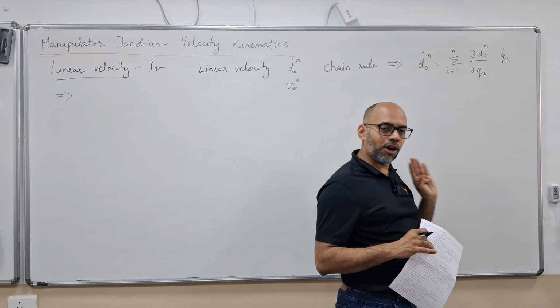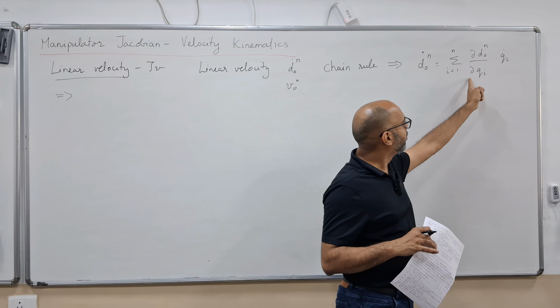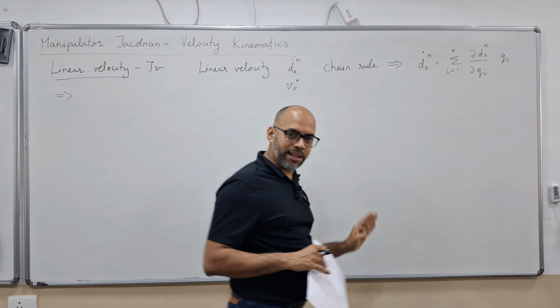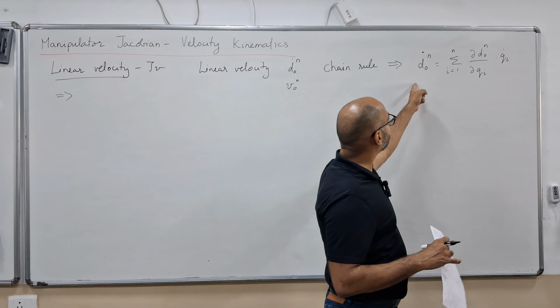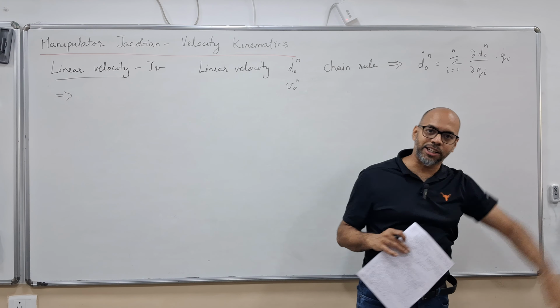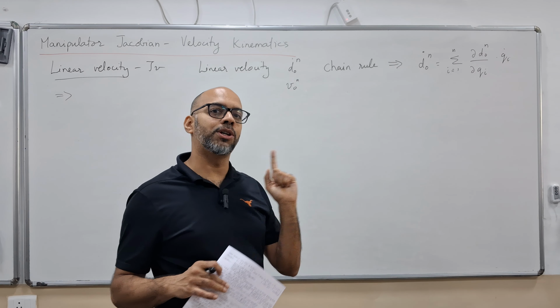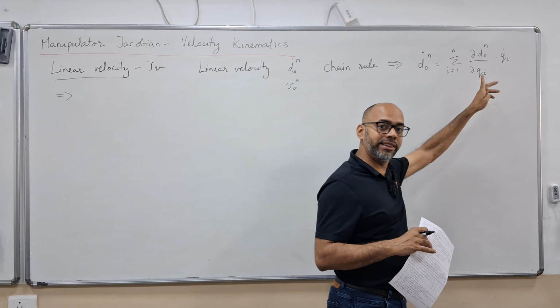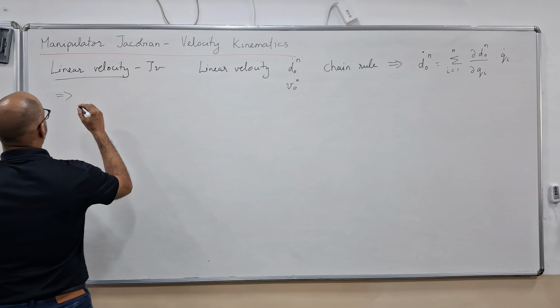The ith column of the Jacobian would be the partial of d0 to n with respect to qi, and that represents my end effector linear velocity if all my other qi dots are 0 and just that one qi dot is equal to 1. Right? In that case, the end effector velocity will literally be that partial derivative. So that's what we will take advantage of.